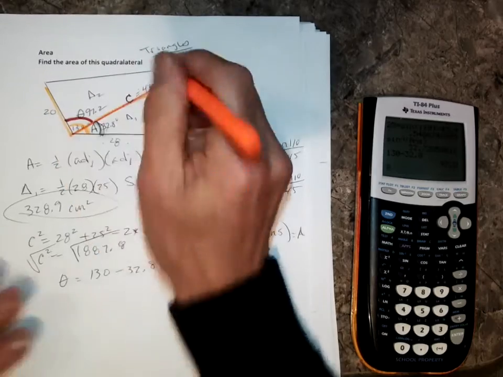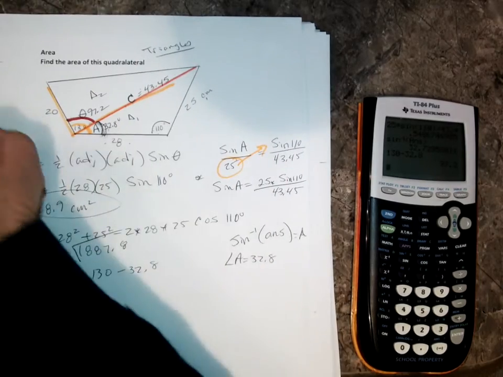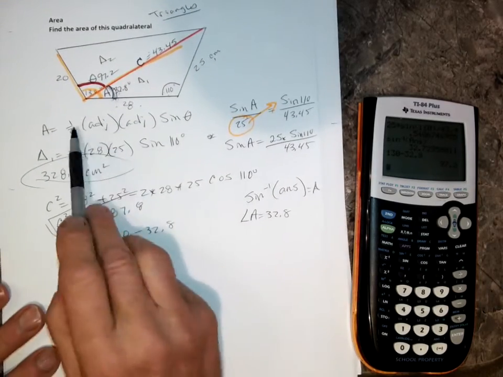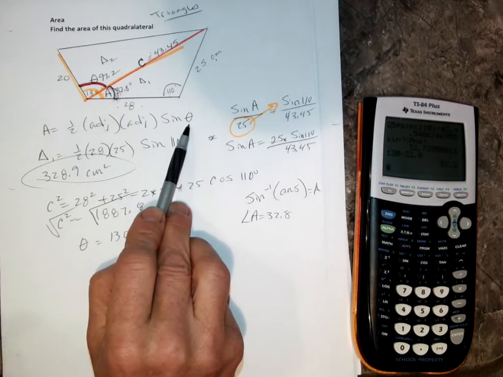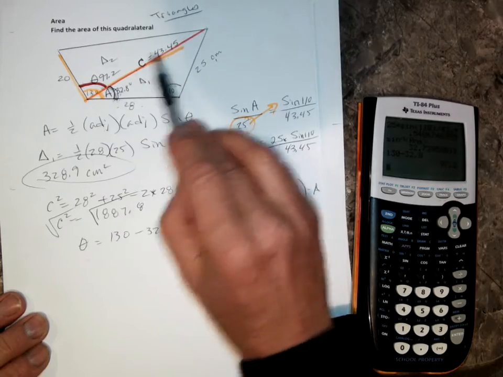Now let's find the area of this triangle, triangle 2. I can do that. My formula is 1/2 adjacent times the other adjacent times the sine of the angle. I have the adjacents, and I have the angle.